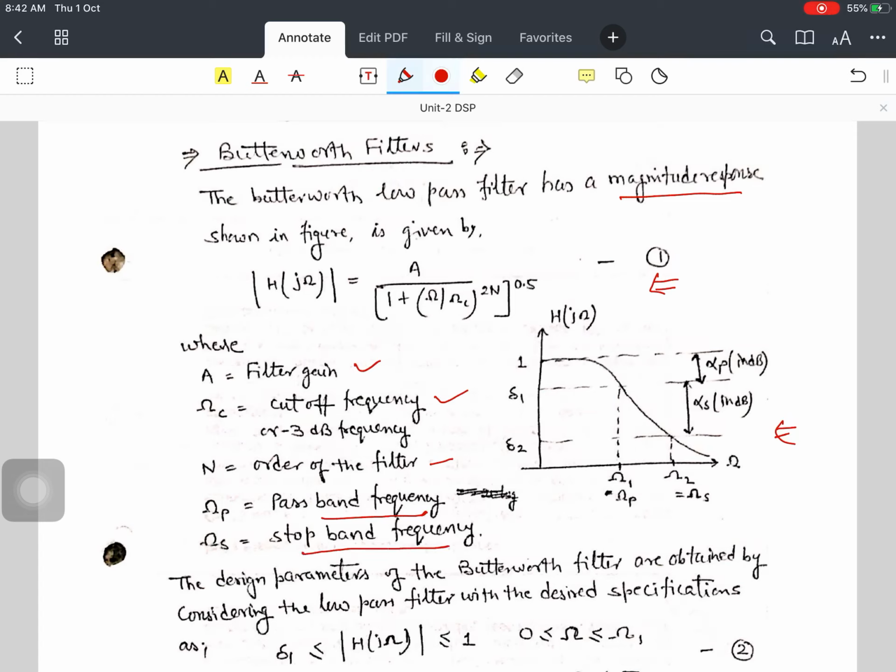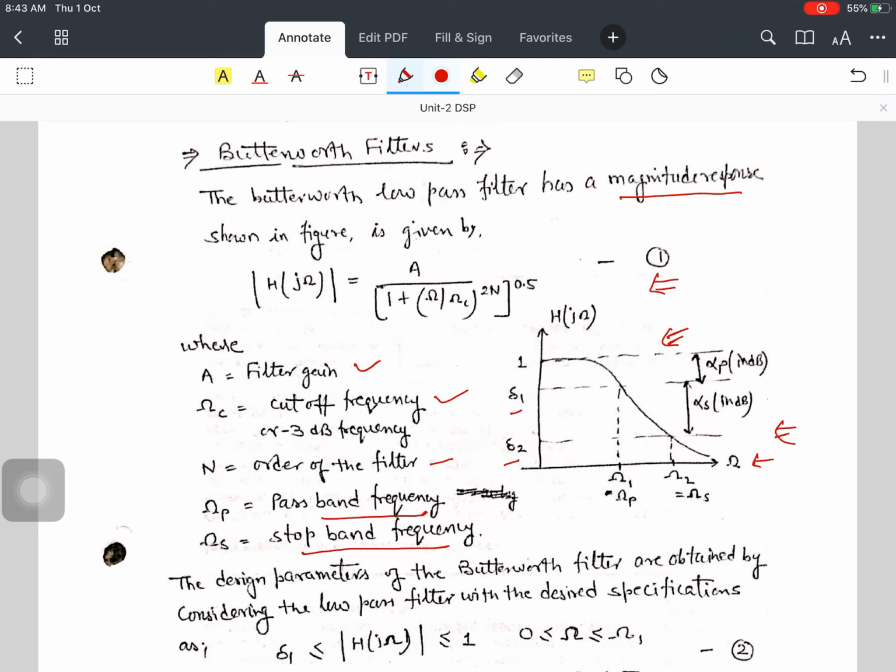In this figure you can see the magnitude response of the Butterworth filter starting from 1 and going towards 0. The graph is between the analog frequency Ω and the magnitude response |H(jΩ)|. Here there are some parameters given, del 1 and del 2.